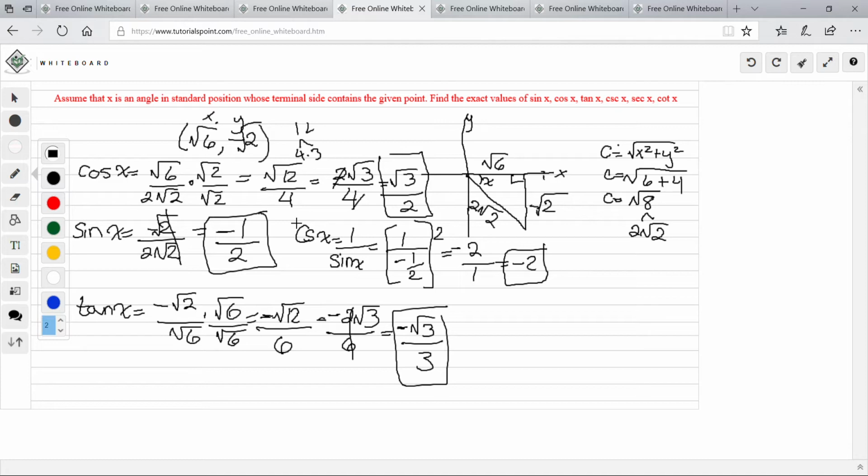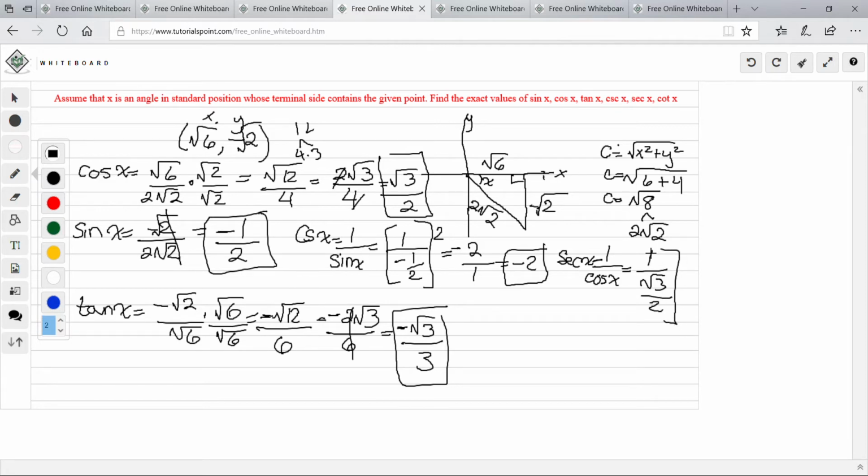Okay, let's do secant and cotangent. So secant of alpha is 1 over cosine of alpha. We know that cosine of alpha is square root of 3 over 2.